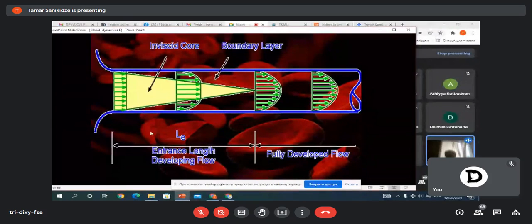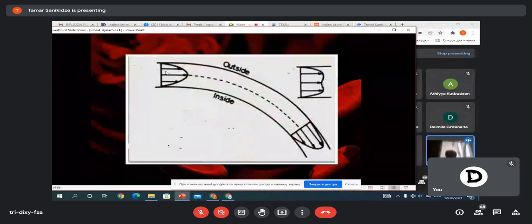After some distance in a tube, laminar flow will develop, but the aorta is very short, so laminar flow will not develop in the aorta. And the third reason is that the aorta is bended. You can see here the laminar flow, which is distributed according to the classical distribution, where the speed is maximal in the center of the tube.